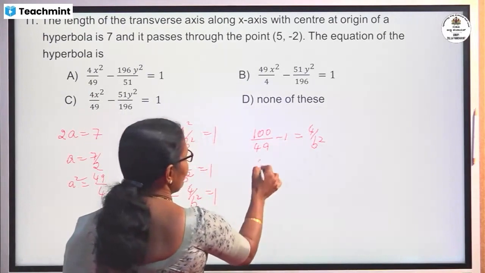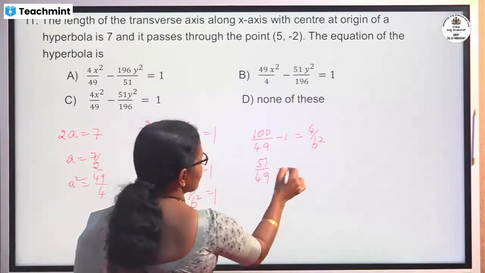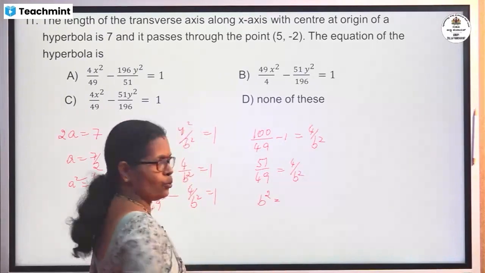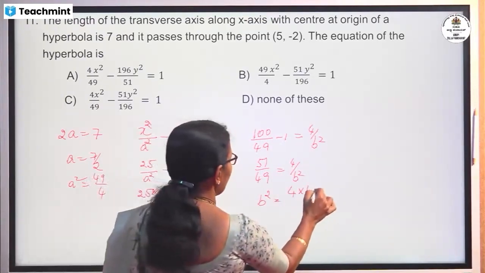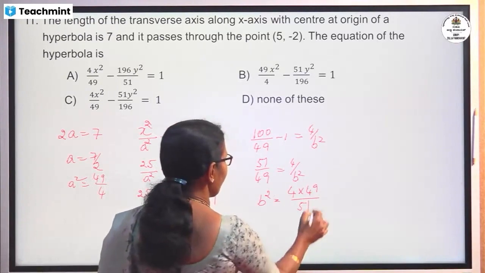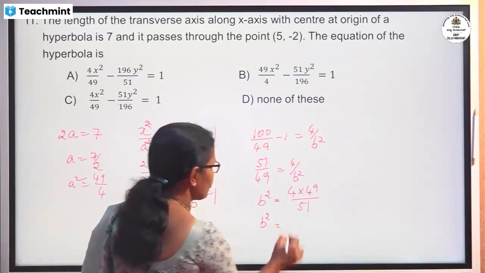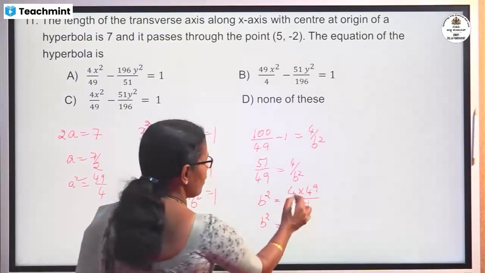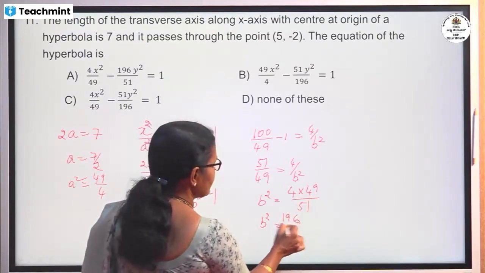Now we get 51 by 49 is equal to 4 by b square, or b square is equal to 4 into 49 divided by 51, which is 196 divided by 51.